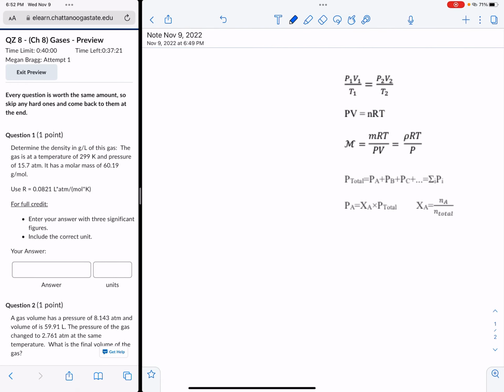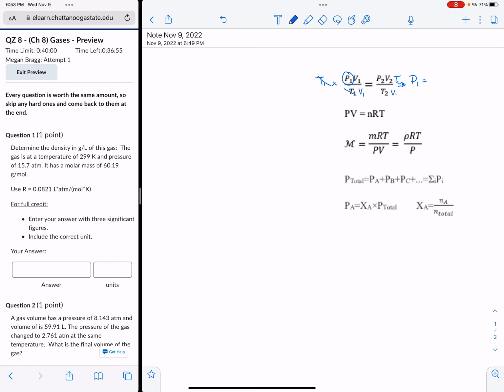So with these problems, if it helps you to rearrange them a little bit ahead of time, then that might be a helpful thing to do for quizzes. In this case, if you need to see it solved for P1, then you can multiply both sides by T1 ahead of time, and those two cancel, and then divide both sides by V1.